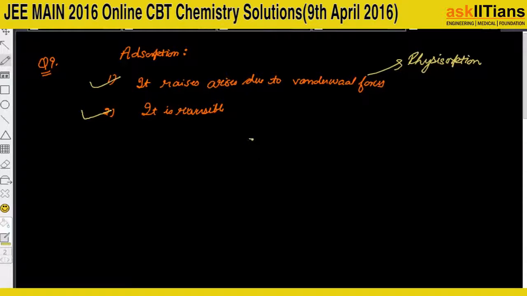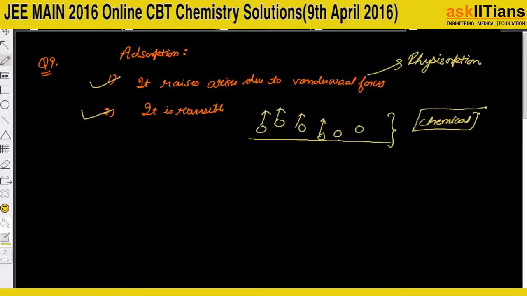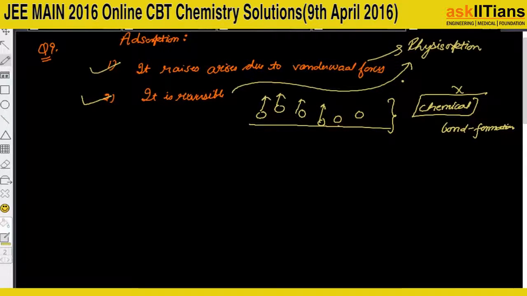That means once the molecules come and form a layer on the surface, they have the capability to go back also. Whereas if it is a chemical adsorption, then once there is a bond formation, the bond cannot break easily. So again this option is indicating that the adsorption here is physisorption. So we have concluded what kind of adsorption we have.